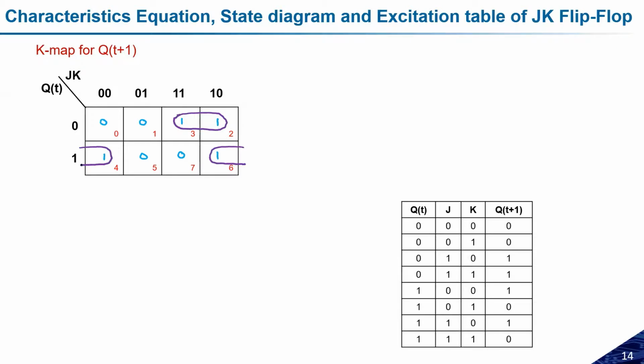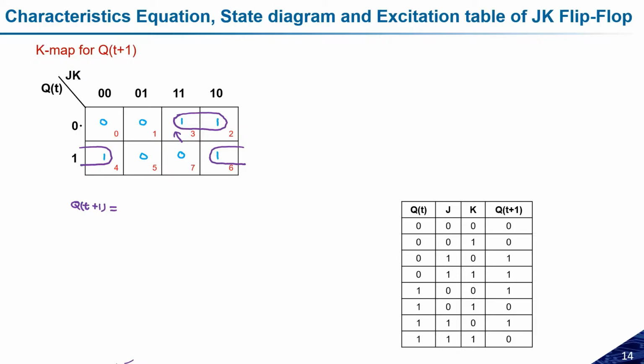If we try to write the equation for this, the equation for qt plus 1 is going to come from here. If we see, k will be rejected, j will be there, and qt will be there.